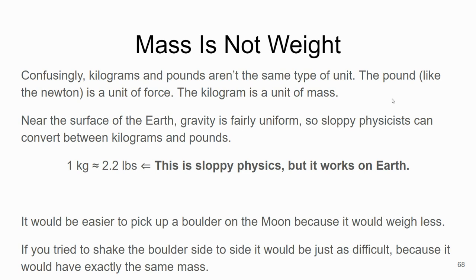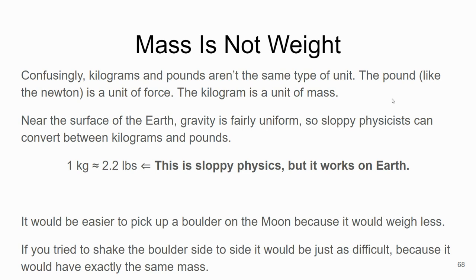When you're lifting something up, you are fighting against its weight, which is the Earth pulling it downwards with the force due to gravity. So that will change depending on what planetary body you're standing on.